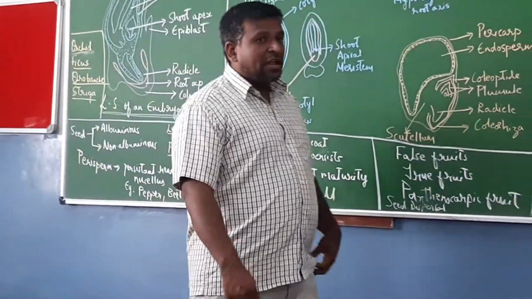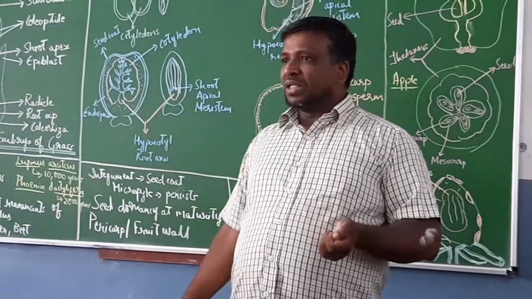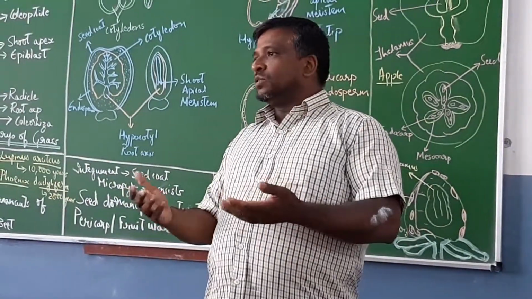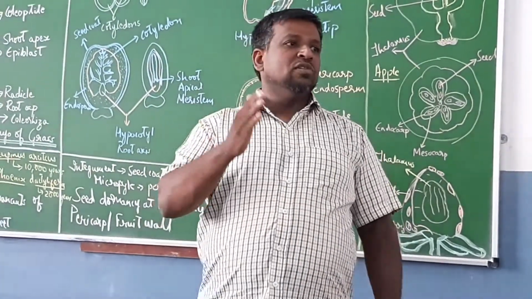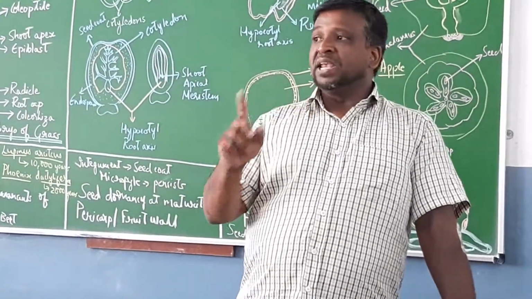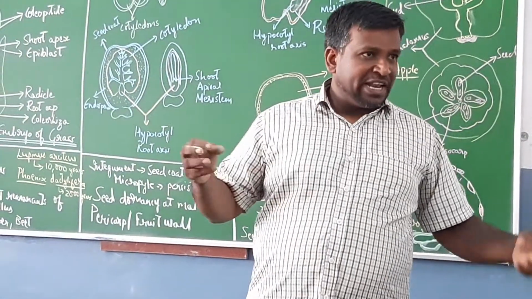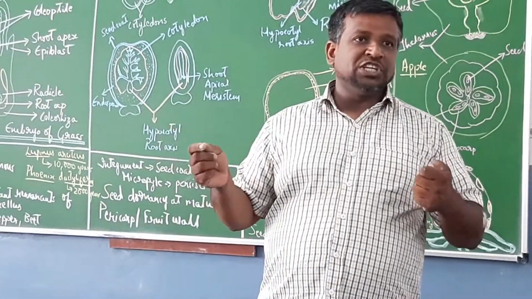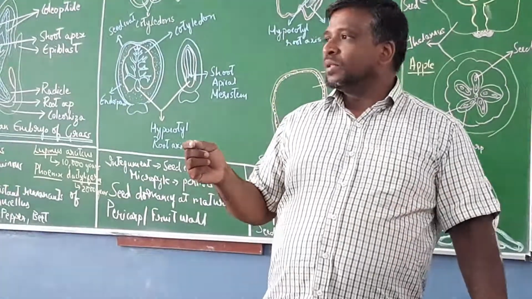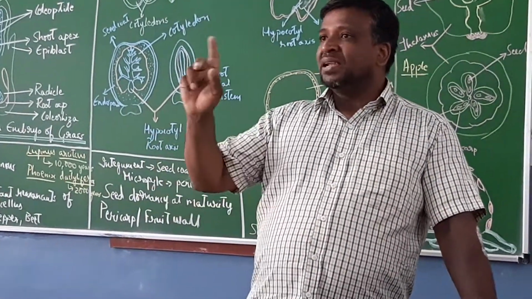What are parthenocarpic fruits? Certain fruits are formed without fertilization. Whenever I discuss the topic of fruit, I always mention the naturally occurring parthenocarpic berry. What is that? Naturally occurring means nature induced, not by artificial or man-made means. Naturally occurring parthenocarpic fruits are bananas.